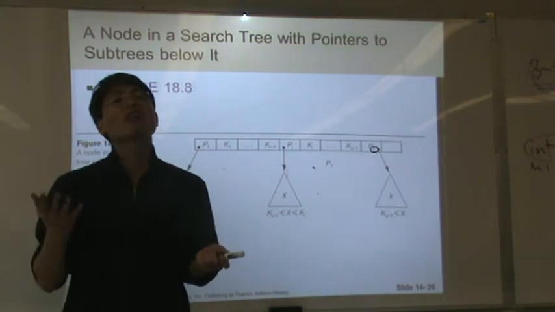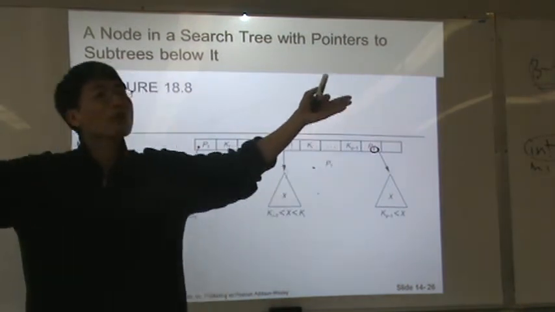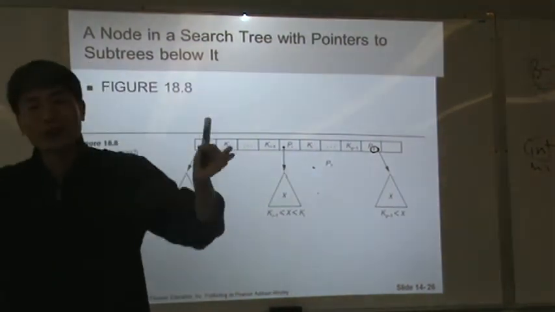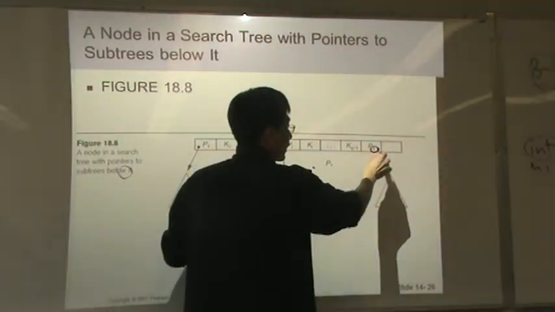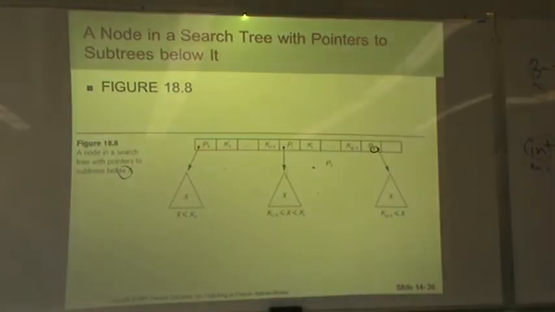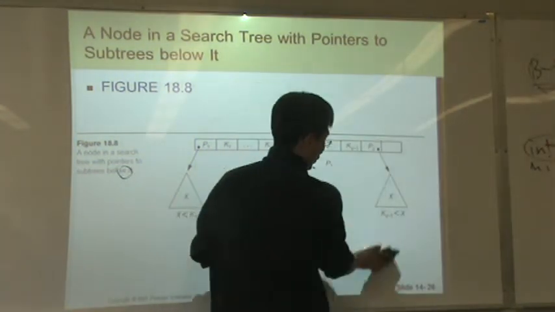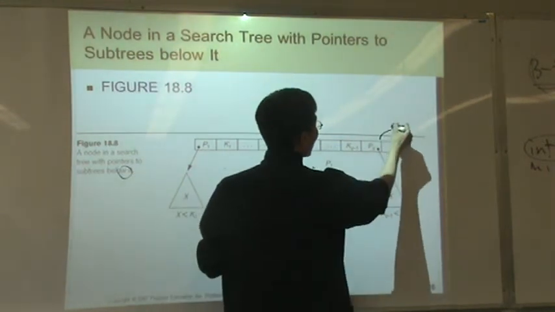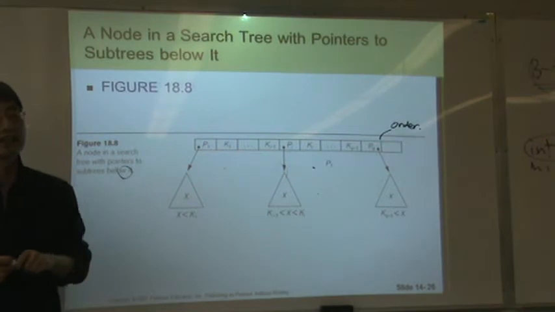Depending on the blocking factor, and on the size of your key, it can vary. But you need to define what the Q value is in your indexing structure. Q is called the order of this index.